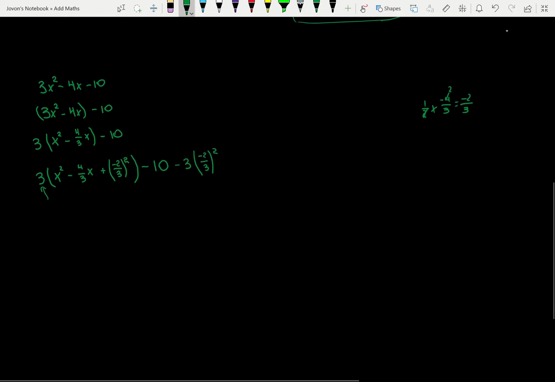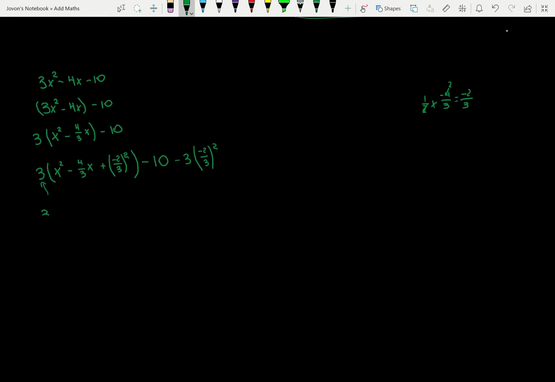Okay, this now becomes 3 multiplied by x. Now we subtract this term here, but this term is minus 2 over 3, okay? So therefore it becomes x minus 2 over 3 squared, okay? So you need to keep the minus sign.